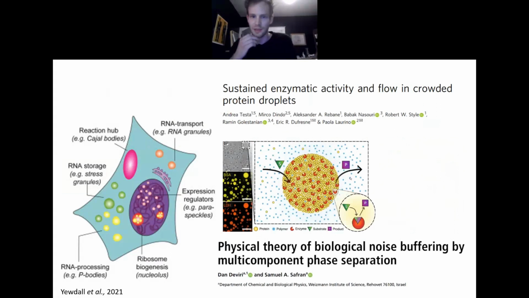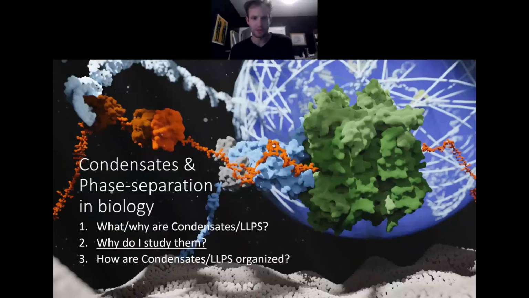So another group even poses that they can be used for biological noise buffering. This kind of paints this picture that there's a lot of utility of this kind of organization of the cell, and it's used in a lot of different ways. So this is kind of why we're interested in them. They're very, very important for understanding and regulating life.